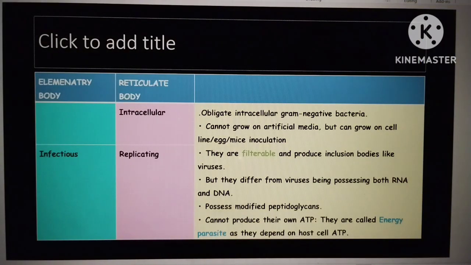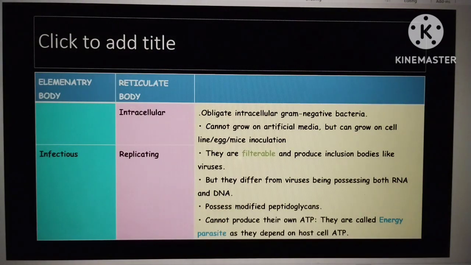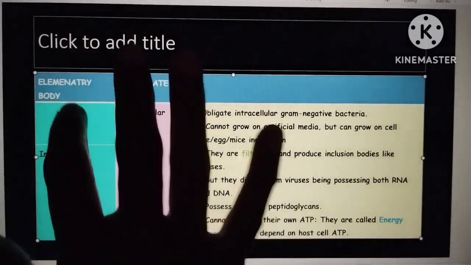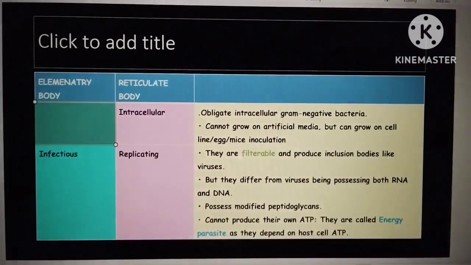Next it is chlamydia. In chlamydia there are two important bodies you want to know. One is the elementary body, another is the reticulate body. The elementary body is extracellular, whereas the reticulate body is the intracellular form.